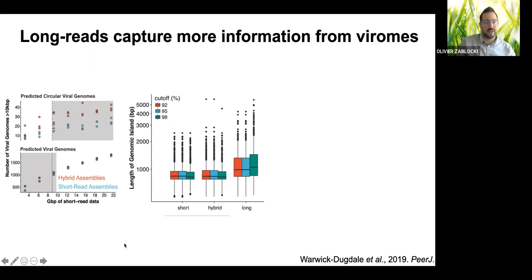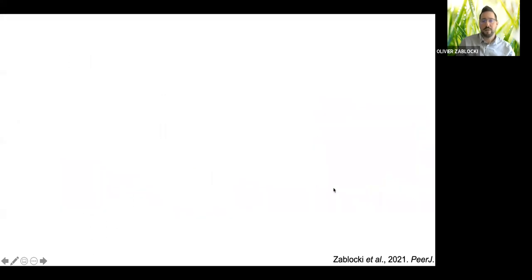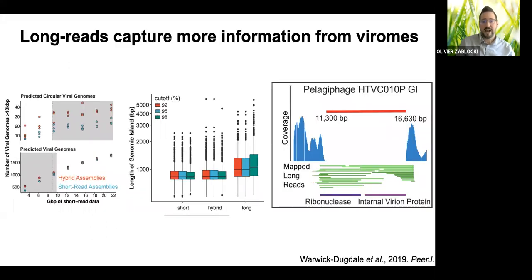And what they found is that you have more complete genomes. The length of the genomic islands that could be recovered was significantly higher. And they could uncover some interesting biology in which they found that these genomic islands encoded interesting genes that could inform on perhaps some of the selection pressures that occur in the sample.